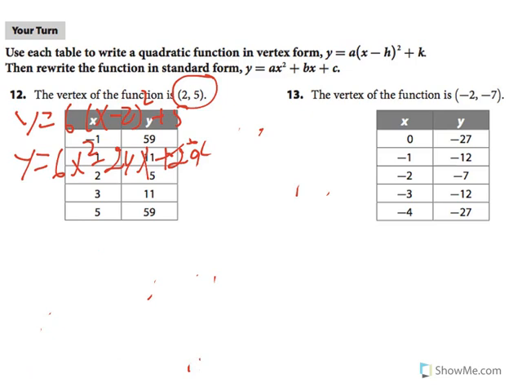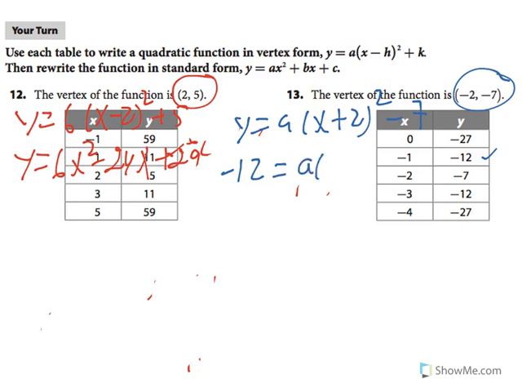Okay, so I'm going to do this in blue. So that's our vertex. So y equals a times x plus 2 squared minus 7. So I'm going to pick this point here. So this gives me negative 12 equals a times negative 1 plus 2 squared minus 7.